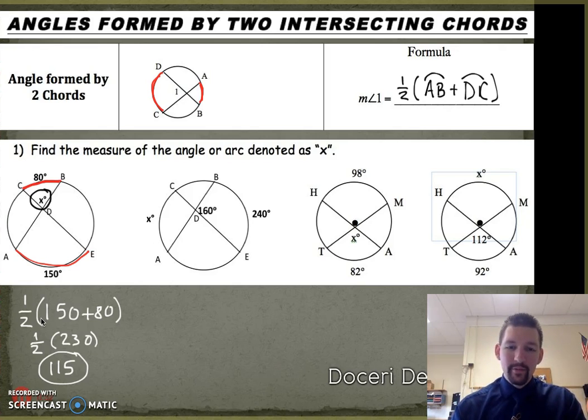Now this can get a little more involved when you're looking for one of the arcs. So the second problem here is having us find arc CA. The easiest way I've found to do this is to put things into that formula. So we know that our angle measure, which is 160 degrees, is going to equal half the sum of the arcs. So that's going to be X plus the other arc over here, 240.